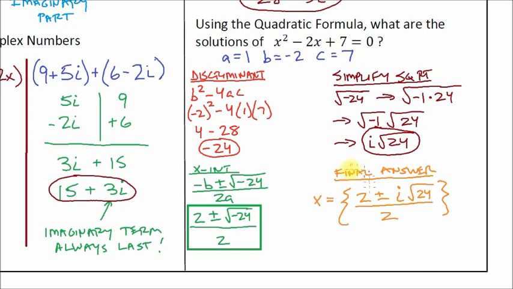And class, one more thing you'll notice about this is if you graph this parabola, you will see that this parabola does not cross the x-axis, and that means technically we have no real solutions. We used to just talk about it as there are no x-intercepts or no solutions. Now we're going to say there are no real solutions, but there are imaginary solutions in math, but there are no real solutions.